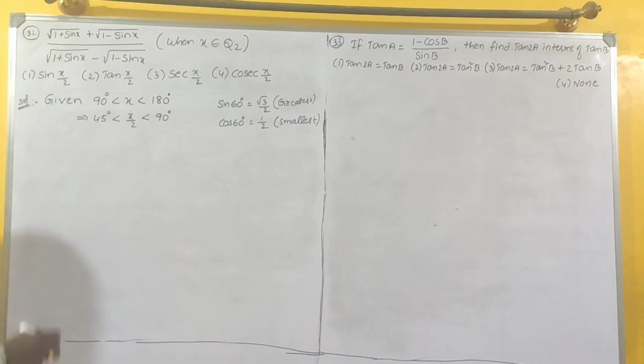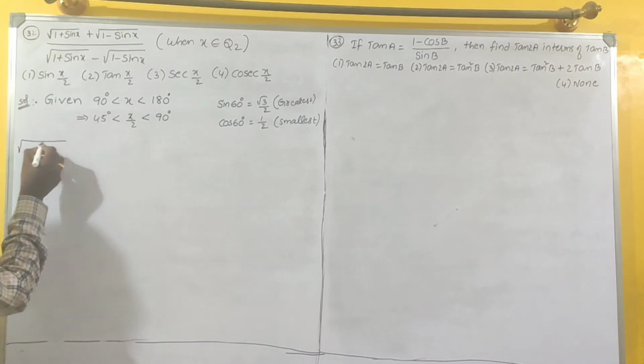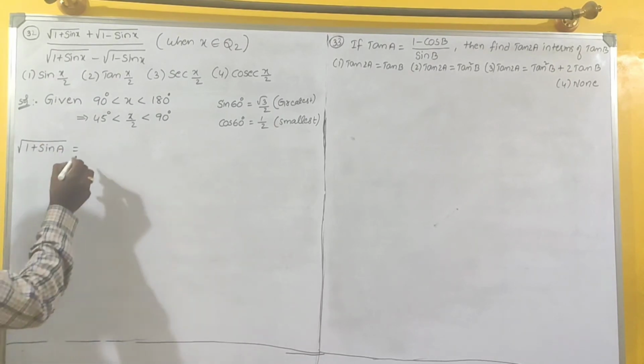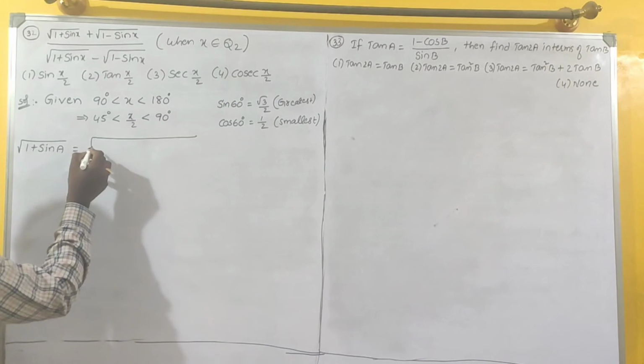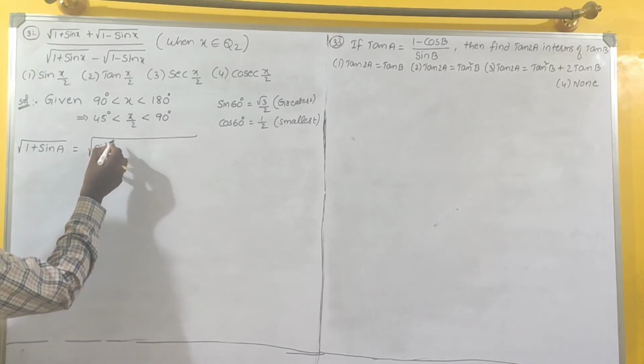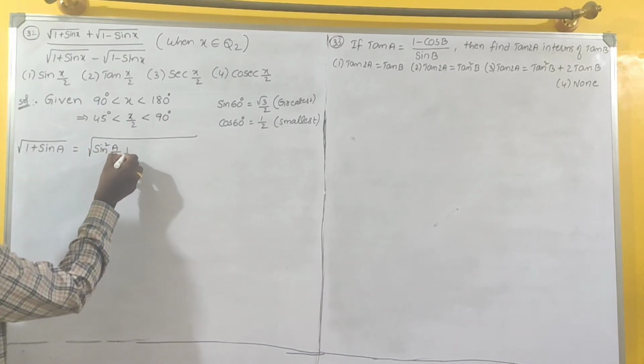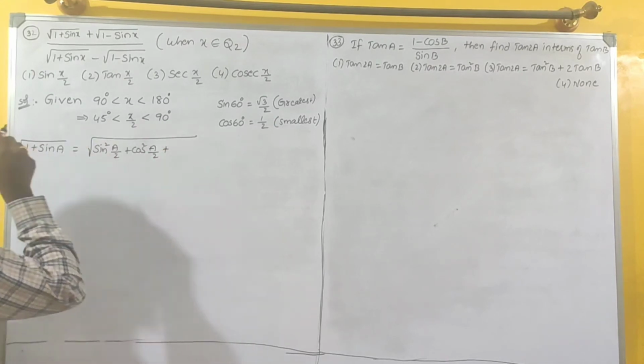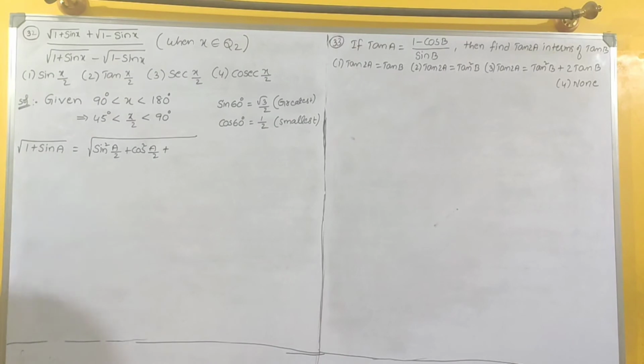Okay, that's why here, under root of 1 plus sin a, it can be written as under root of 1 can be written as sin square a by 2 plus cos square a by 2. Why? Because sin square theta plus cos square theta value is 1.